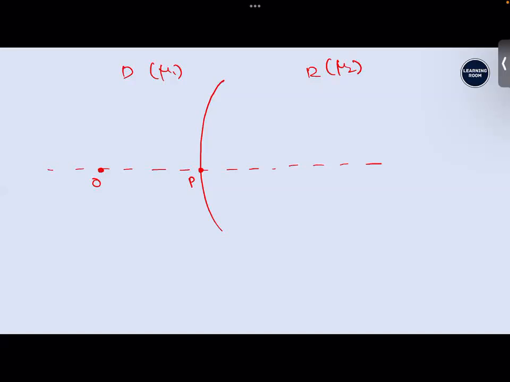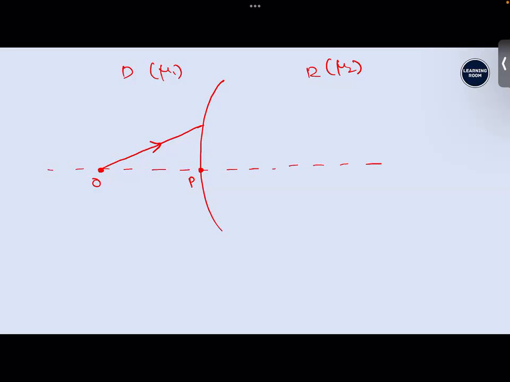Two of them have drawn it correctly. Yours is right. Yours is right. Simple logic. I don't know why everybody is peeping into others' notes. It's a simple logic.